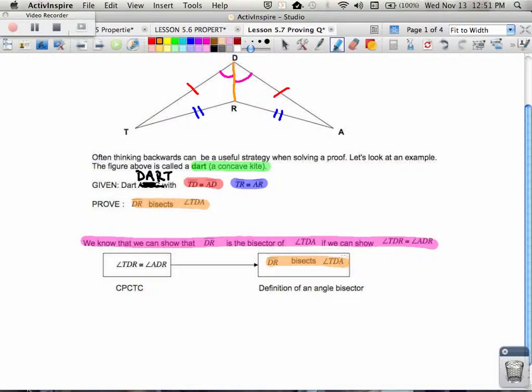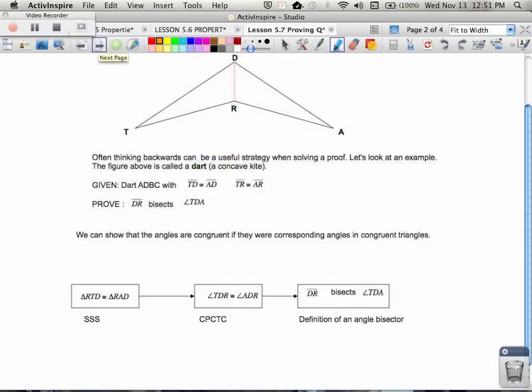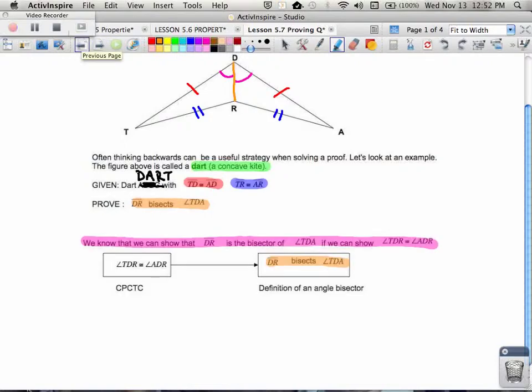So what does that mean? That means, looking backwards, in order to make that true, we need to have corresponding parts of congruent triangles be congruent. What does that mean? That means if I look at the two different triangles, the one here on the left highlighted in yellow, and the one on the right highlighted in green, if I could show that those two triangles are congruent, I would have corresponding parts of congruent triangles being congruent.